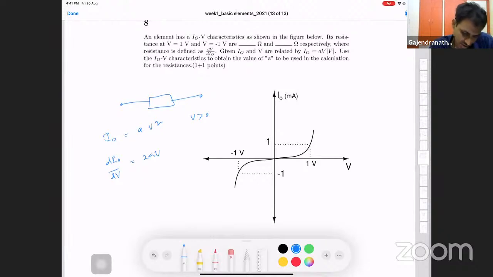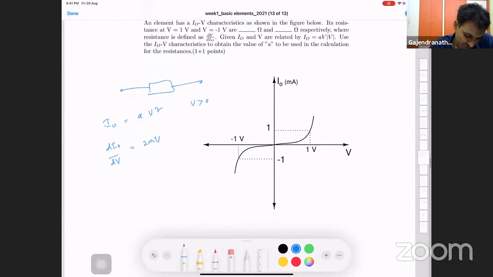Yeah, if A is constant, we should assume it as A. So it's basically 2A.